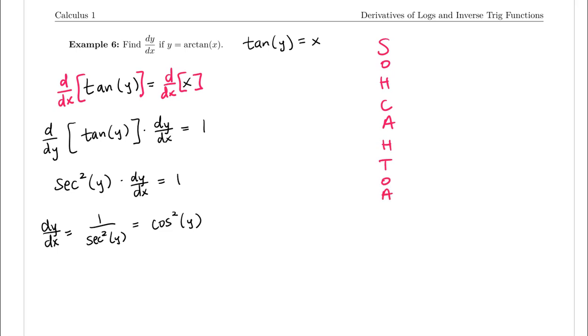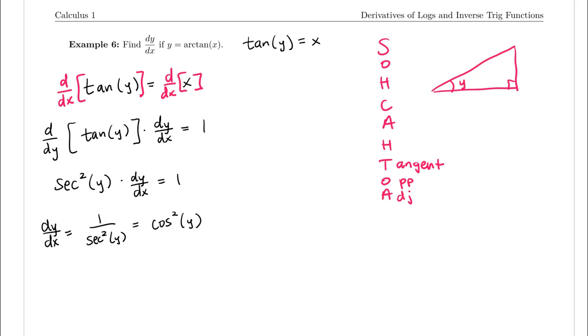And SOHCAHTOA tells us that when you have tangent, that is equal to the opposite over the adjacent side length in a right triangle.